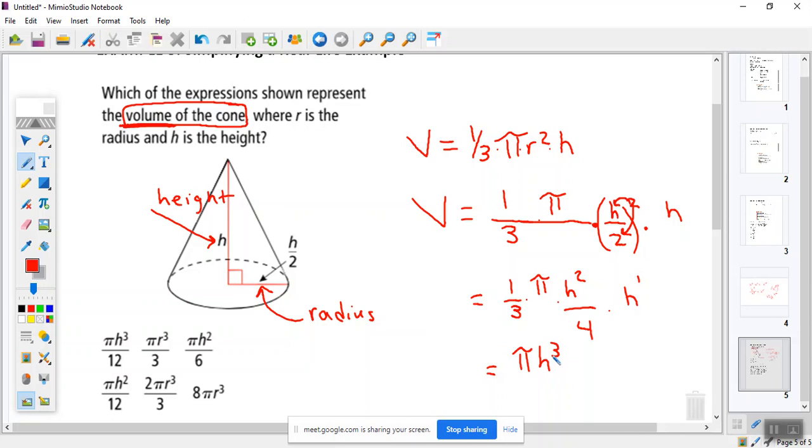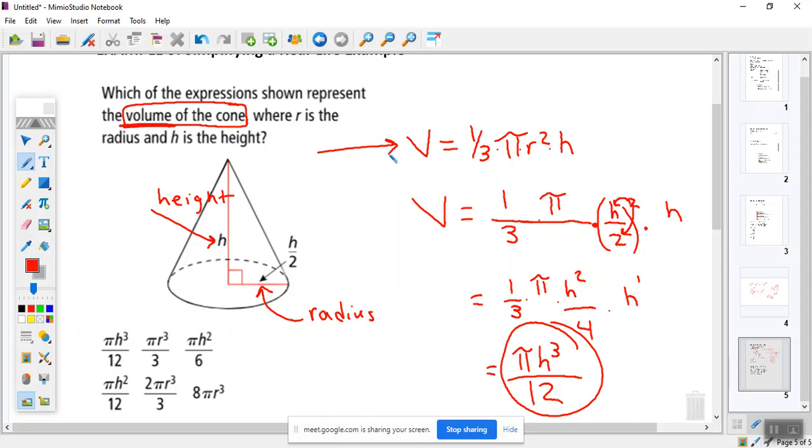What are we going to have in the bottom for 3 times 4? So the question becomes, given these conditions right here, if the height is h and the radius is h over 2, knowing that this is my volume formula, after we plug stuff in for radius and height, which of those 6 answers is the right one for the volume with that radius and height?